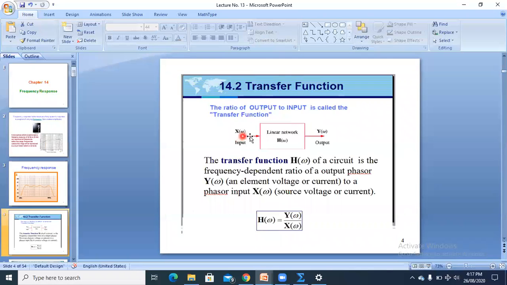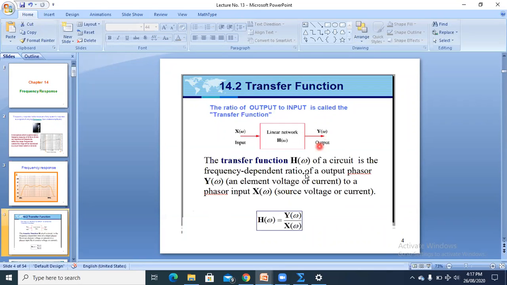So we apply some voltage across this circuit and we get the output across any component of the circuit or across the load impedance.